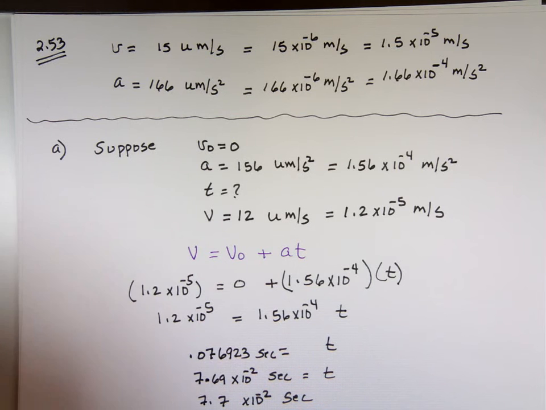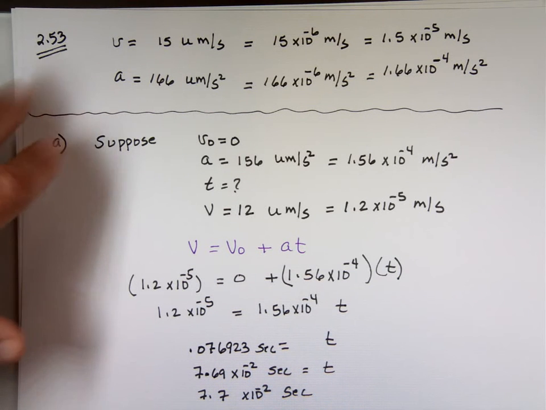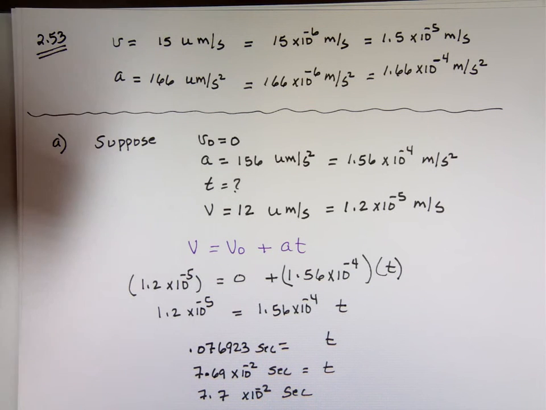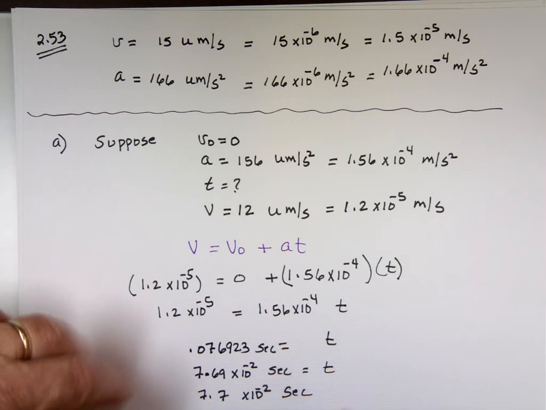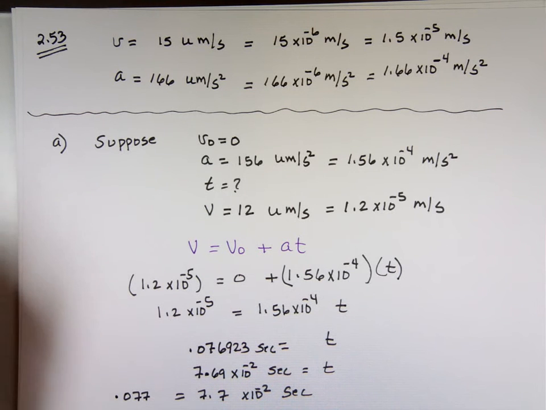And I just plugged it in, I guess correct, I get 0.077. That's still two significant digits. Leading and lagging zeros don't count.